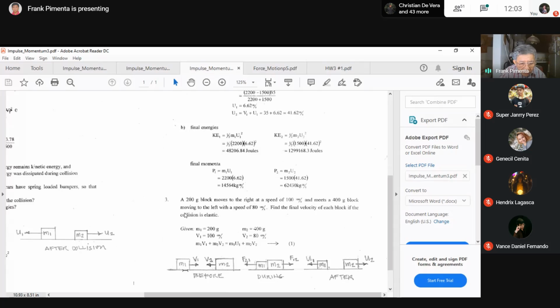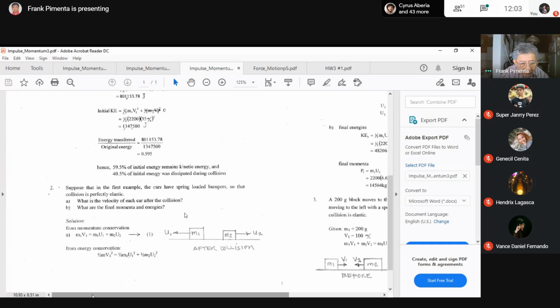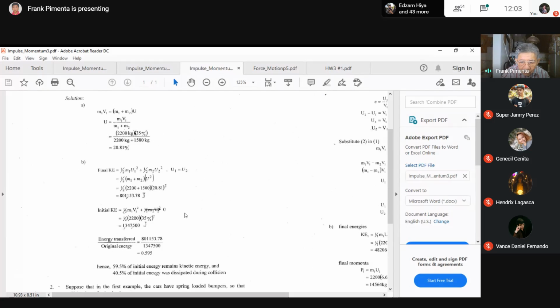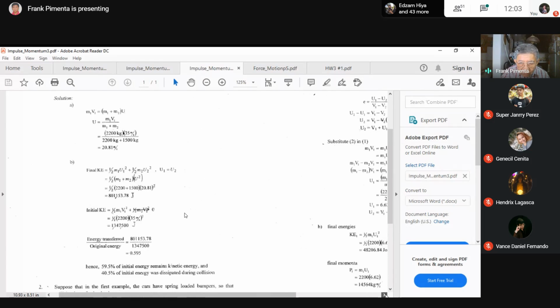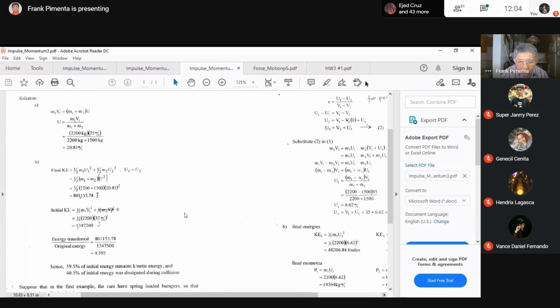So you will know the difference between elastic collision and inelastic. Here, since it is elastic, we used the coefficient of restitution formula equals U2 minus U1 over B1 minus B sub 2.